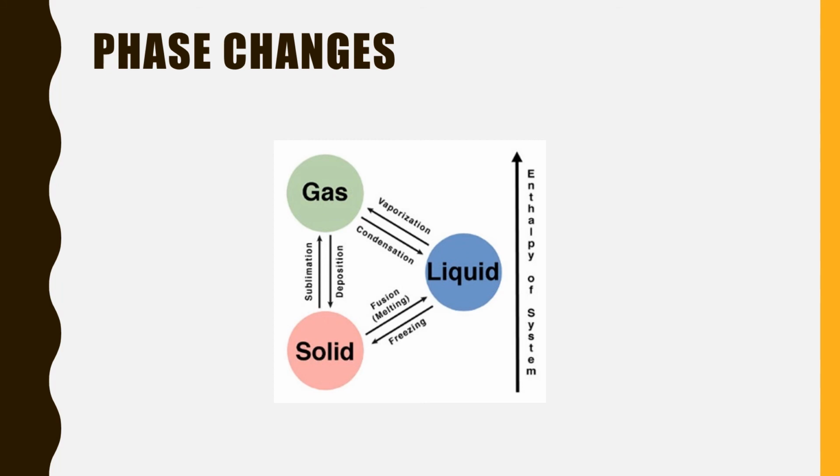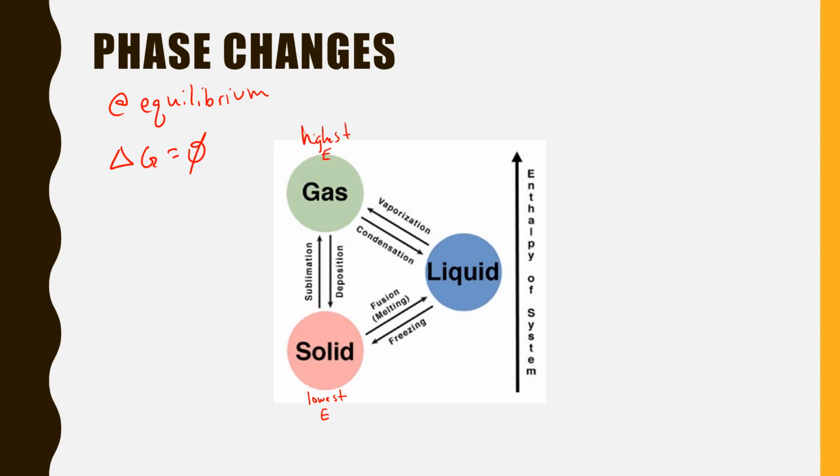The last thing we have to talk about with thermo is our phase changes. Remember, phase changes are at equilibrium. So that means that we have a delta G that is equal to 0 here. You have to be able to tell if a phase change is a positive delta H, a negative delta H, or even a positive or negative delta S. So if we have a solid going to a liquid, remember that solids are the lowest energy state and gases are the highest energy state.